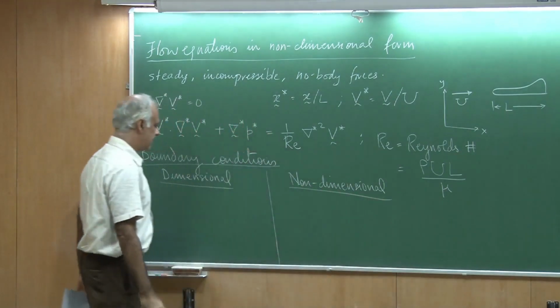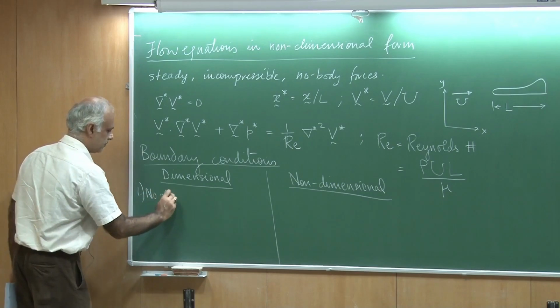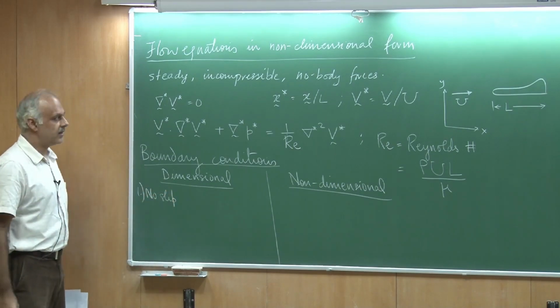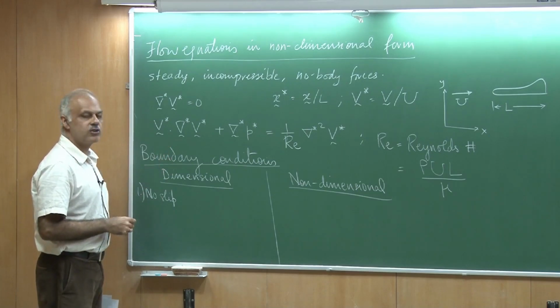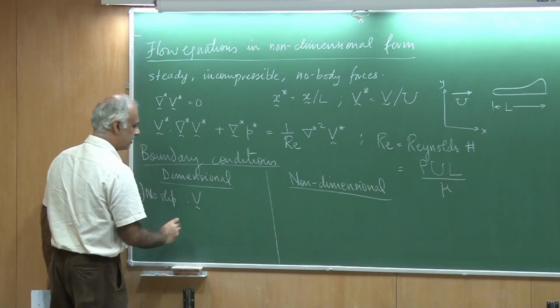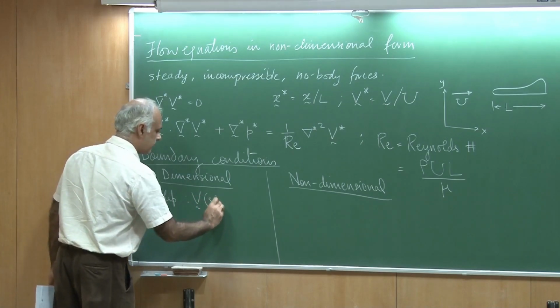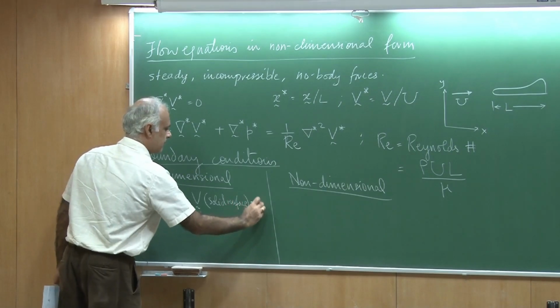So the first is the no slip condition. So if I look at this aircraft, then the no slip condition would require that V, the velocity on the solid surface, is 0.